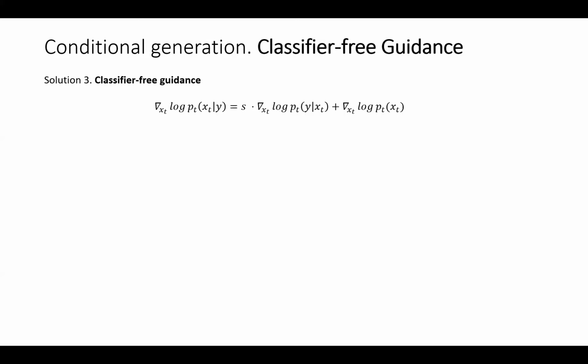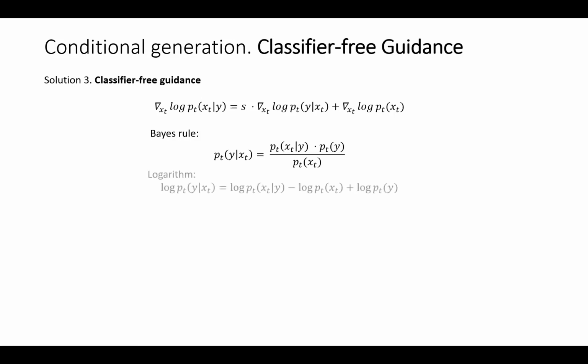So we start with this, and then we apply Bayes rule again. Bayes rule is so important, it's so intuitive. So now we are going to apply Bayes rule to the probability of y given xt. Again, the same thing. This would be given by the probability of xt given y and the probability of y, divided by the probability of xt. So then we will expand this.